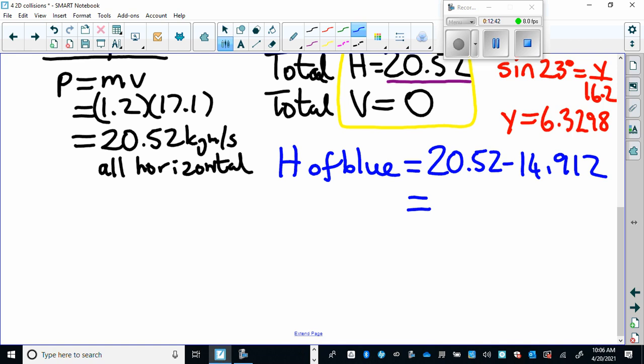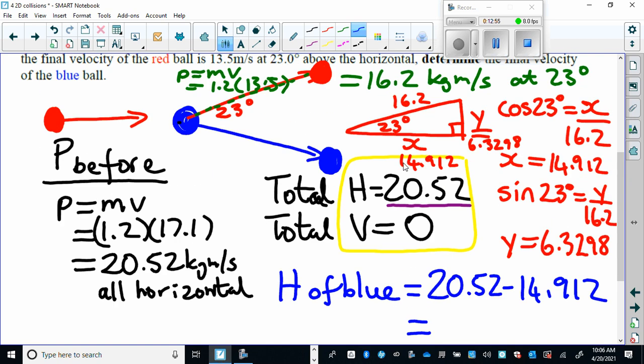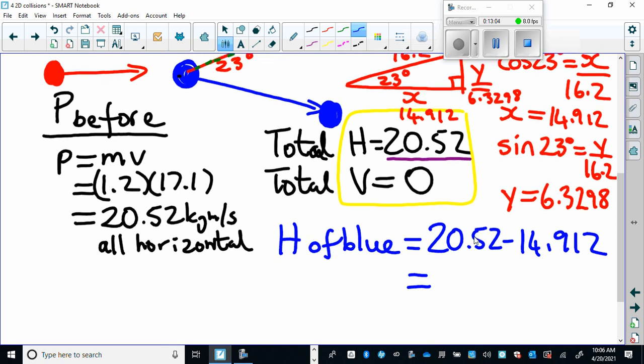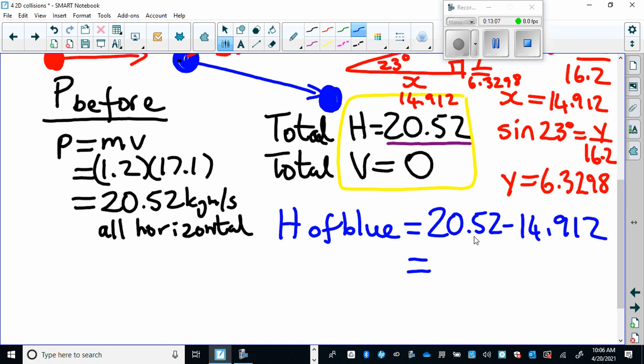Because the horizontal component after the collision must be the same as the horizontal component before the collision, and therefore if the red ball had 14.912 kilograms meters per second of momentum, then the blue ball must have the remainder of that. So we subtract those two numbers, and we get 5.608 kilograms meters per second.